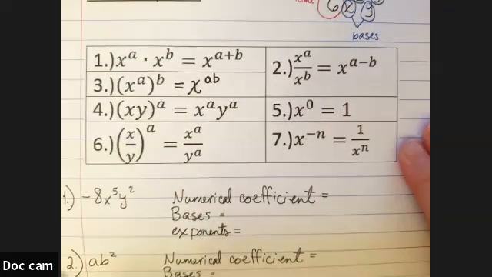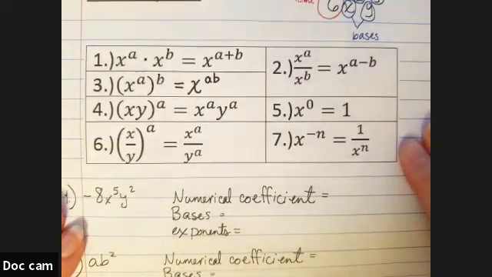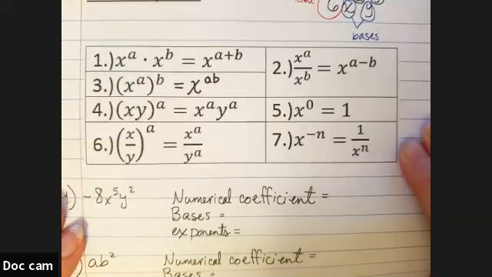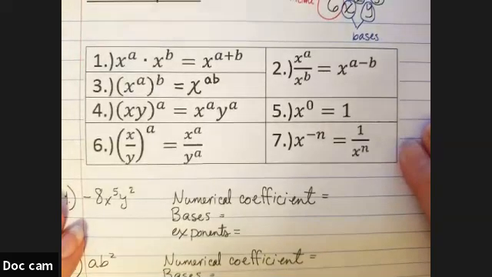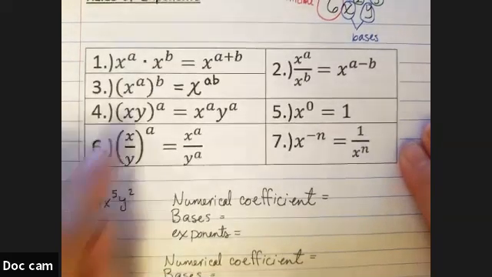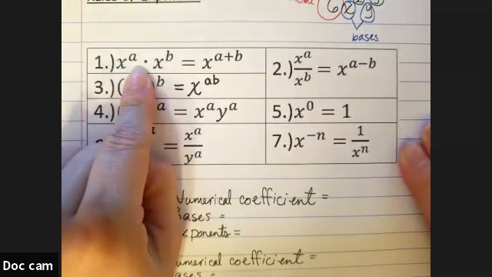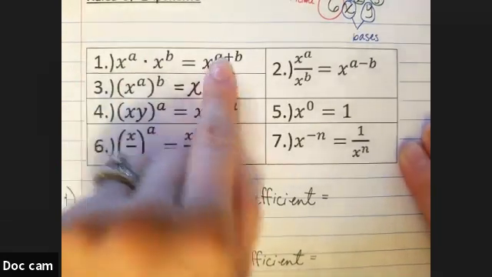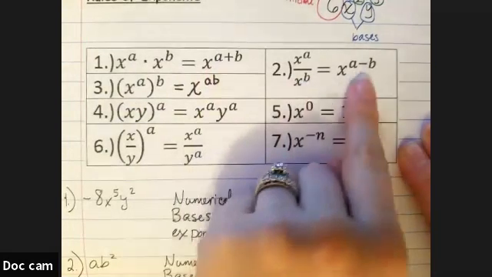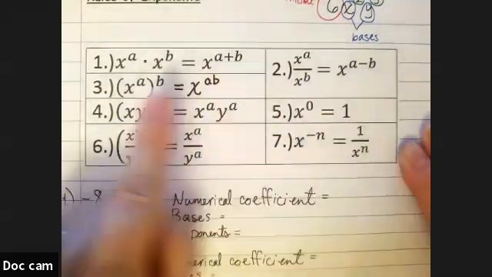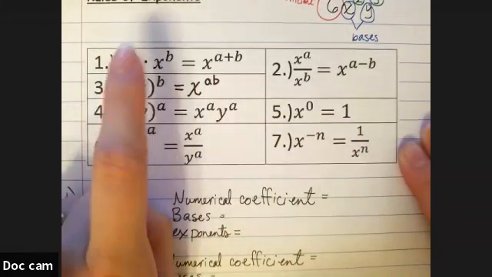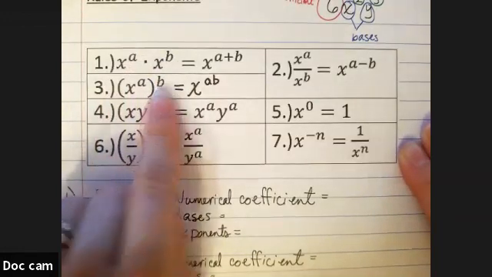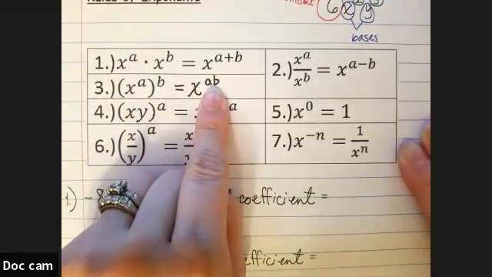Okay. And again, I'm thinking that you guys have seen these rules before. If you're multiplying two things with the same base, you add the exponents. If you're dividing two things with the same base, you subtract the exponents. If you have something with an exponent and then raised to another exponent, you multiply the exponents.